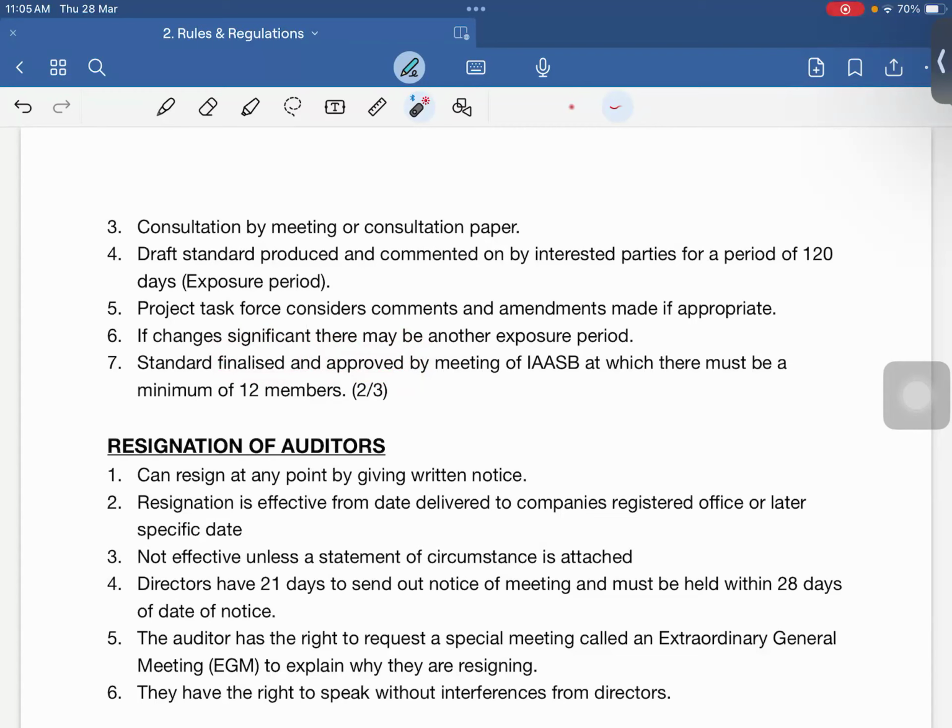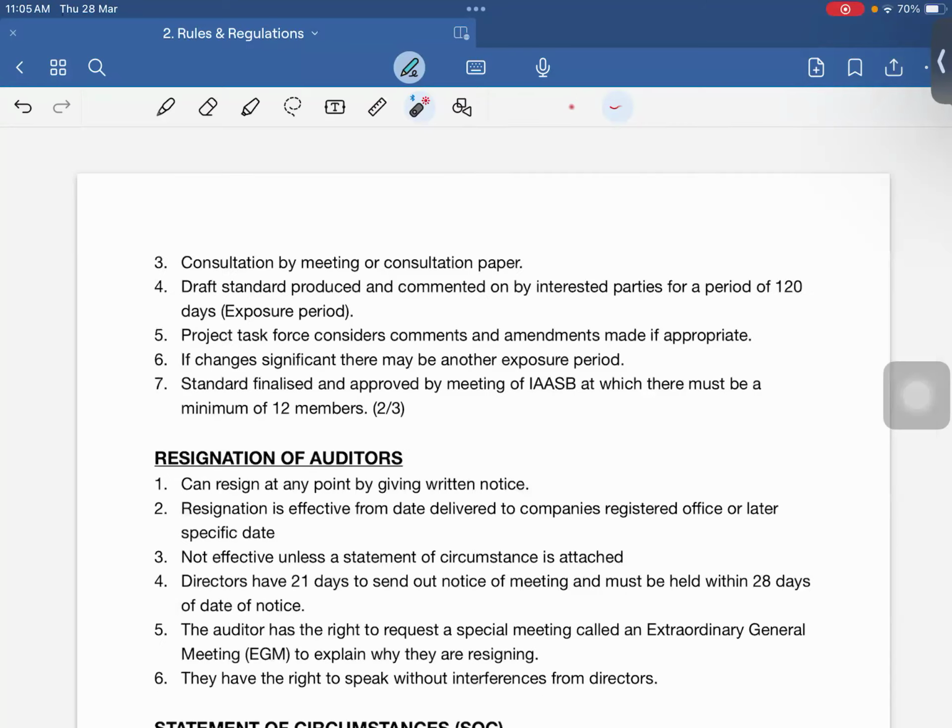So only after 2/3 members, suppose IASB has 12 members, 2/3 of the members should approve or give their consent in publishing this standard. Understood? Clear now?